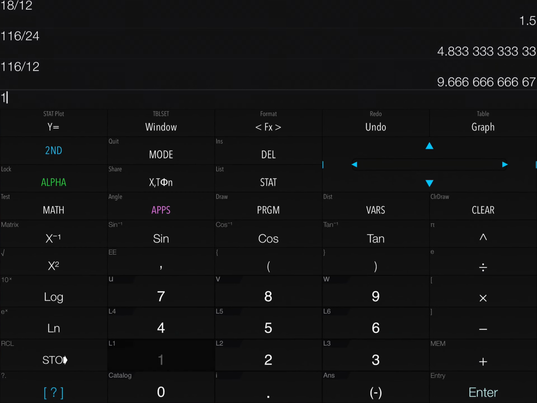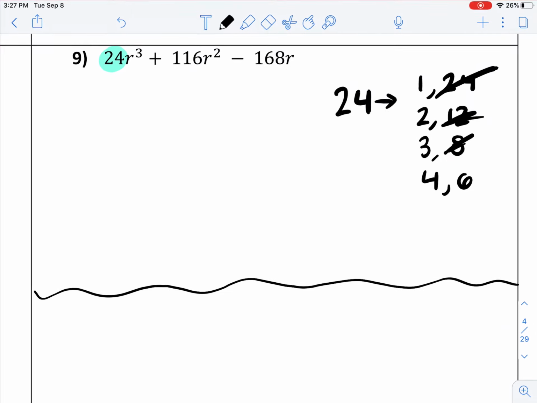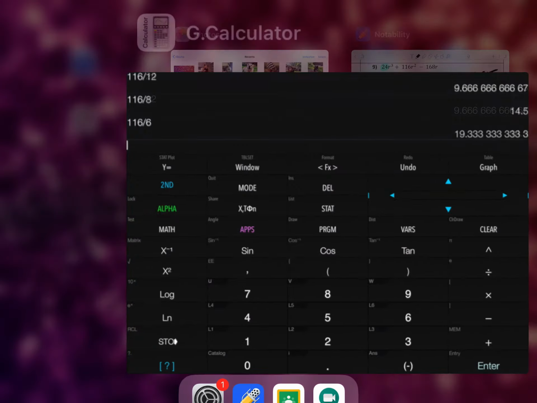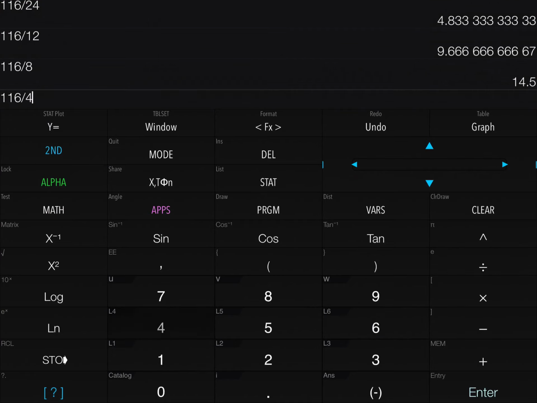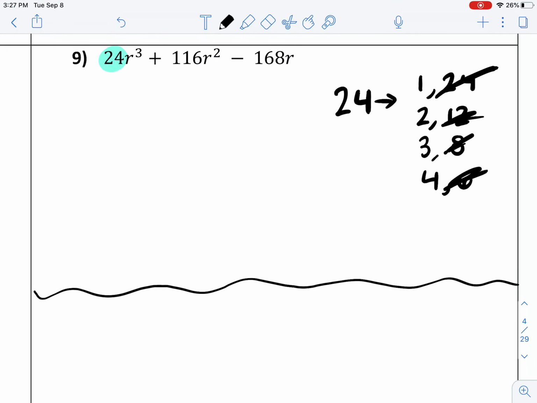Let's try 6. 116 divided by 6, also a decimal, so it's not 6. Next up is 4. 116 divided by 4, okay, that works, but we have to make sure 168 can be divided by 4 as well. Okay, good. They both are divisible by 4, which means 4 is my GCF.